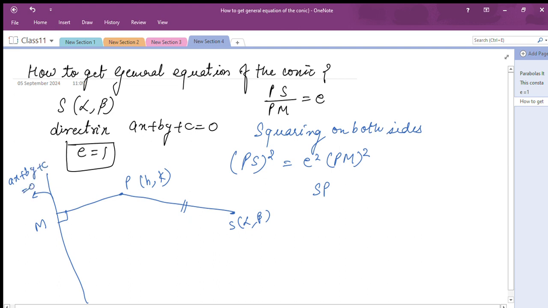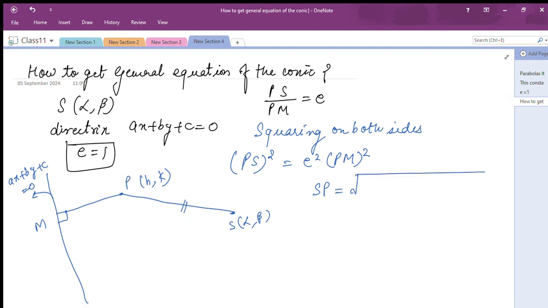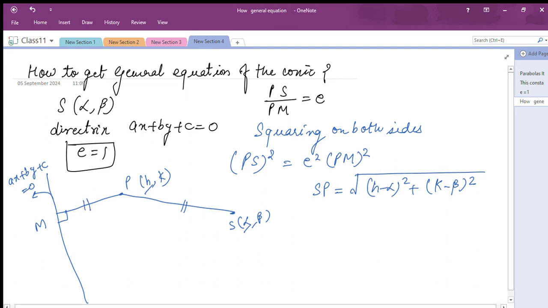First you will find the distance PS, and you already know the distance formula: x2 minus x1 whole square plus y2 minus y1 whole square. So we can say that h minus alpha whole square plus k minus beta whole square. So this is the distance. But what about the distance MP? How can you derive it? Put this point into this equation.